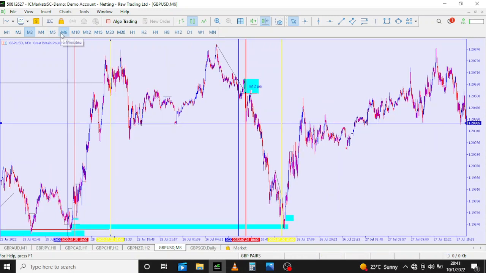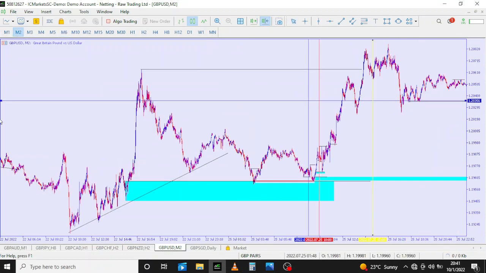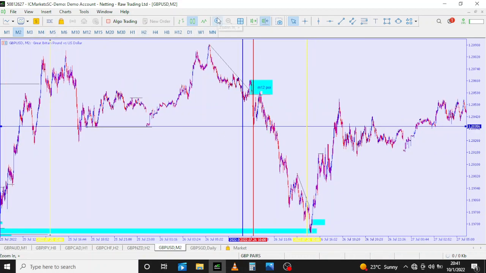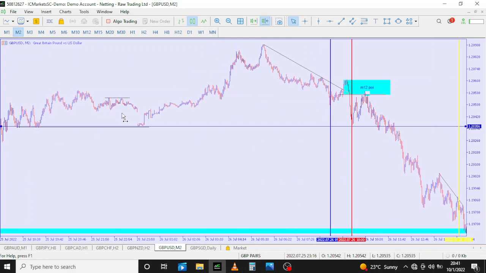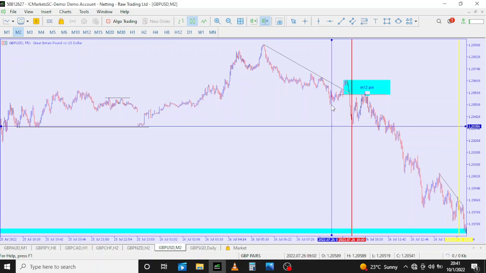And later on the session, so guys, rather the next day, Frankfurt opened around this area, and manipulated this momentum trend line.